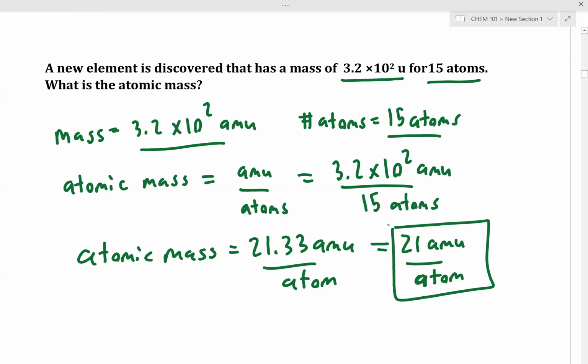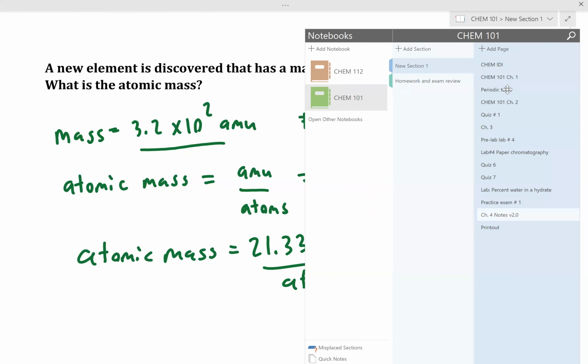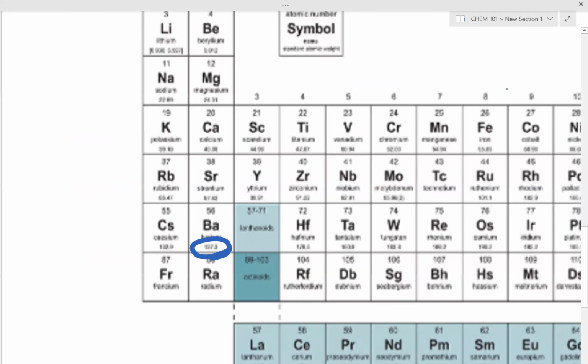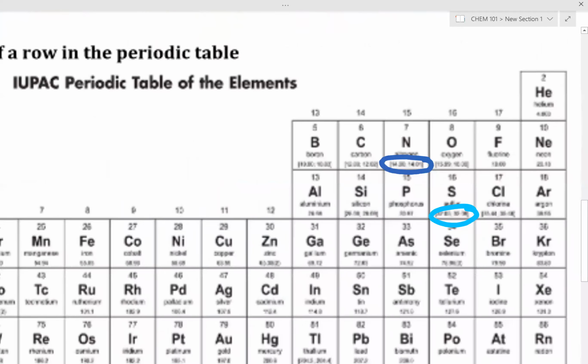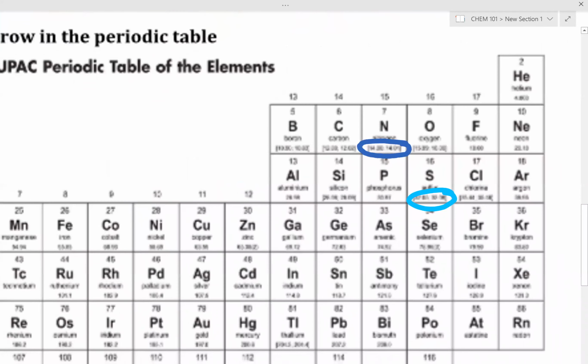Now, just taking a tour of the periodic table, would someone like to tell me what element most closely matches that mass? What element most closely matches a mass of about 21 AMU?